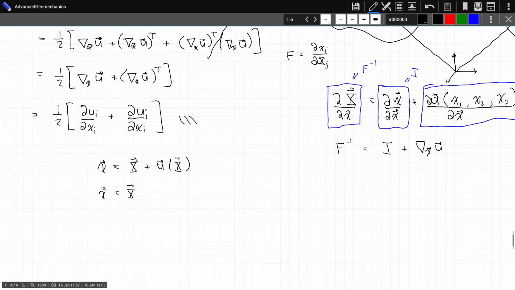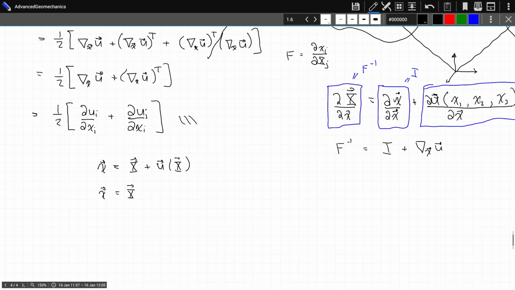So the engineering strain in one dimension is sort of like the Lagrangian strain, because it's referenced to the reference configuration, d big X. It's a change in length divided by original length. The Eulerian strain is in the current configuration, so it's more like the logarithmic or true strain. It's referenced to the final length, the current configuration. So the change in length over the final length.